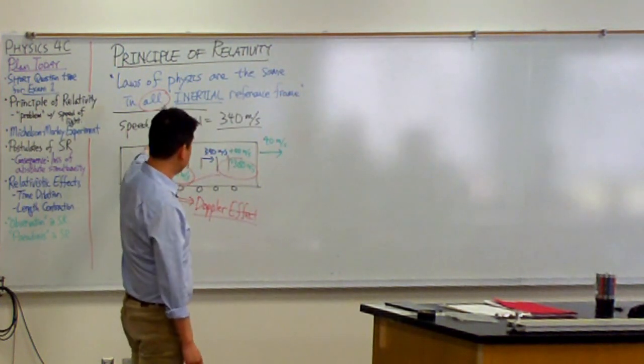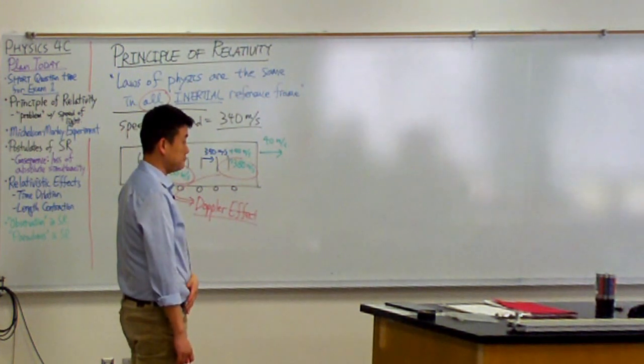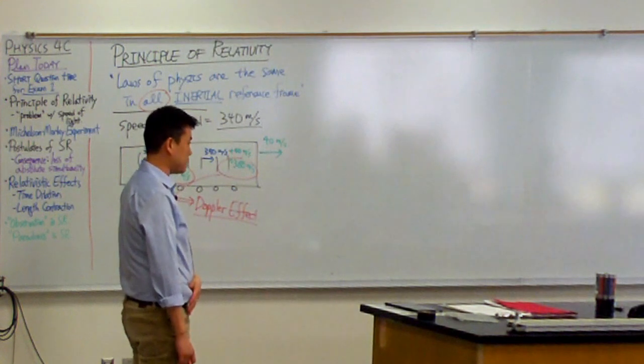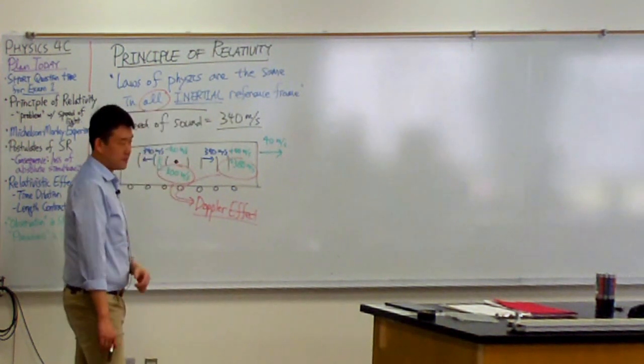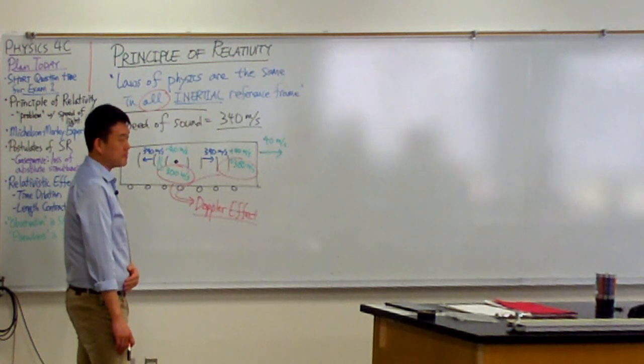What's special about that reference frame? That one's accelerated, or it's moving at a constant velocity. It's moving at constant velocity. As it's moving, what else is moving at constant velocity with the train? Well, speed is not a thing.